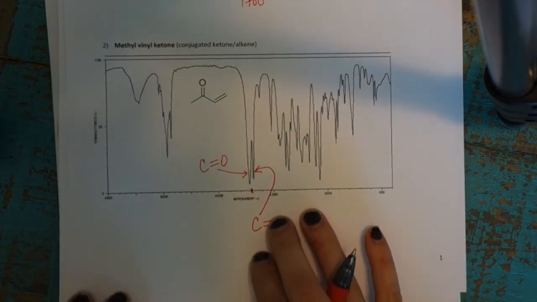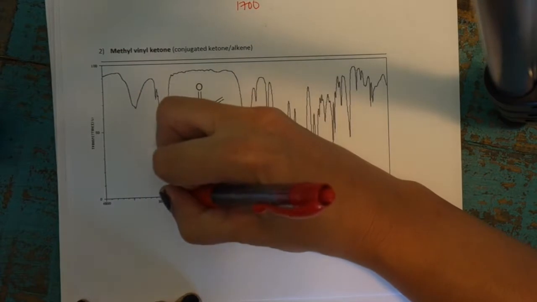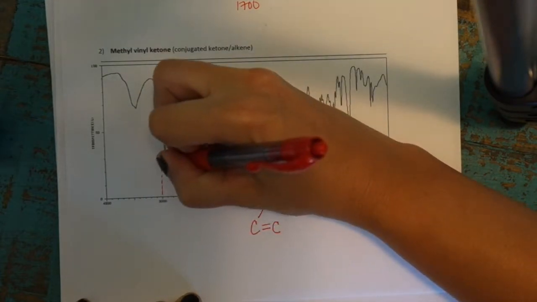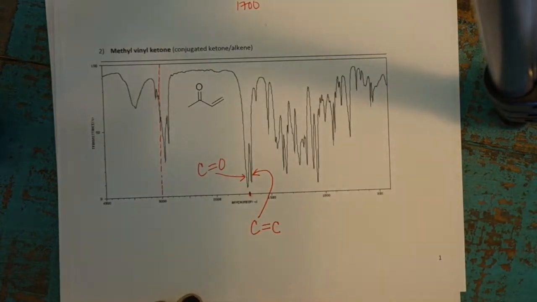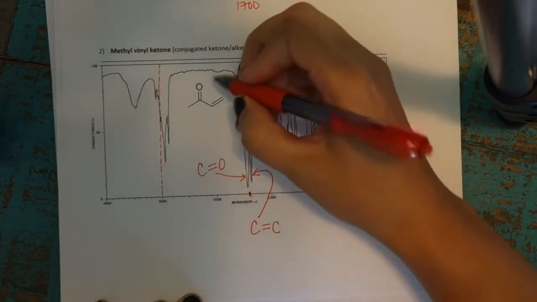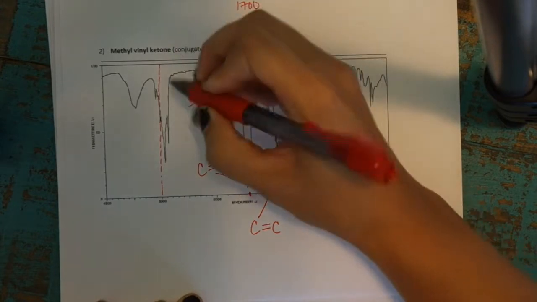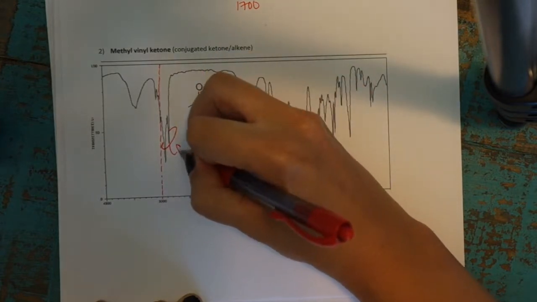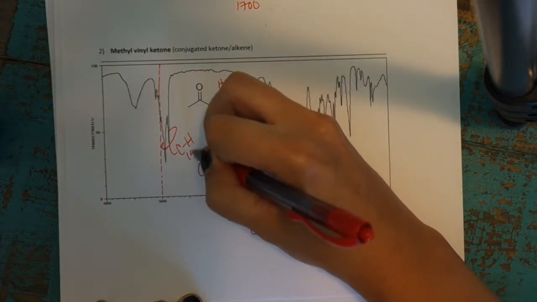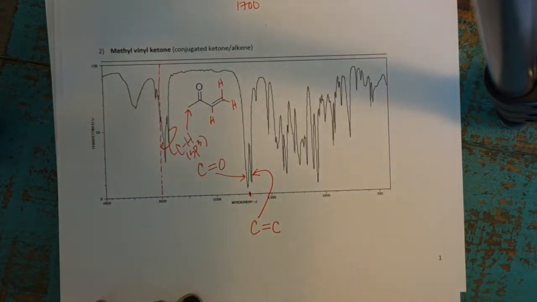Looking down here at our second example, we have both types. If I look at my 3000 and draw a rough line up from 3000, you can see we have stretching that correlates to the alkyl CHs on that methyl group on the end.